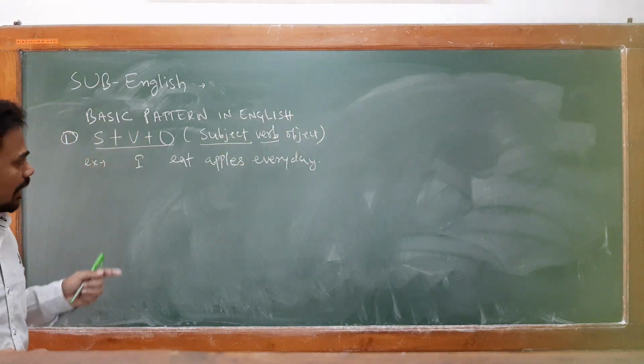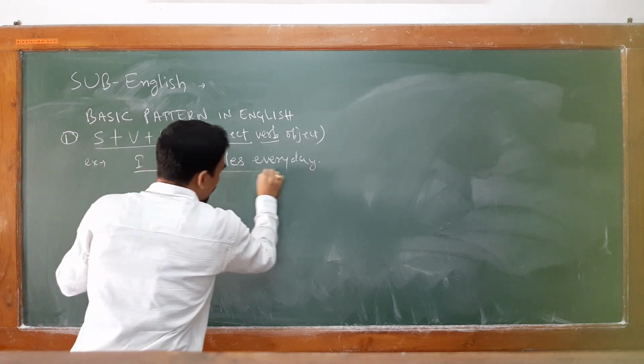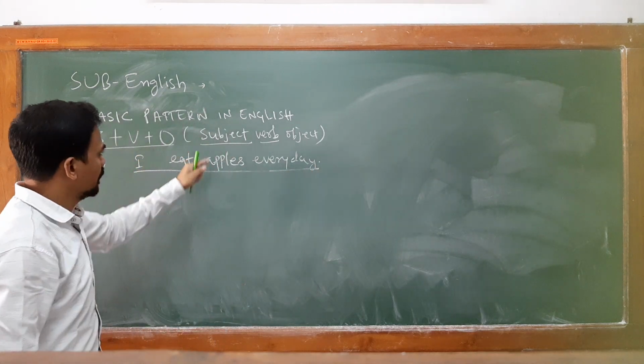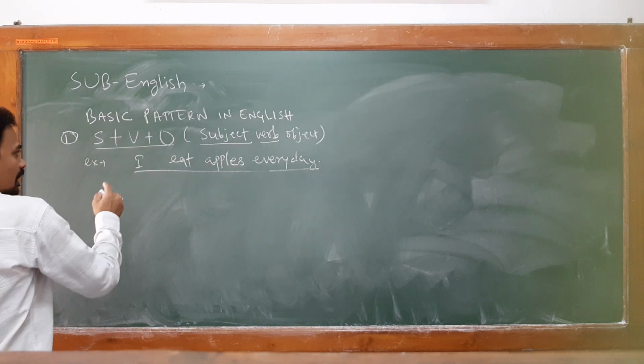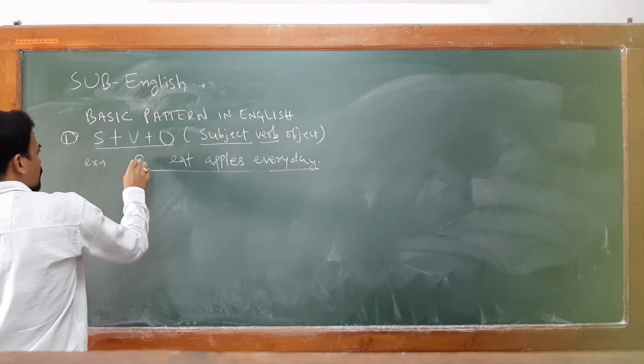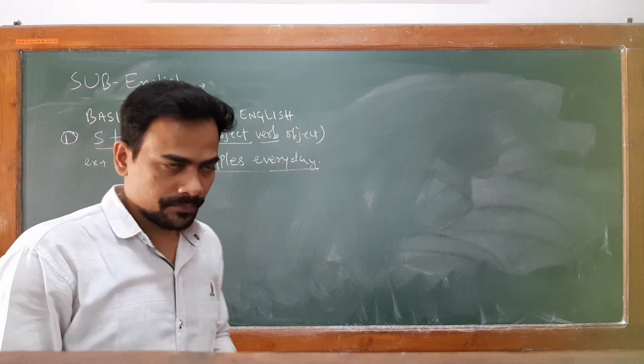I eat apples every day. Okay, this is a very beautiful example from which we can identify subject, verb, and object. Now, what is the subject here? I eat apples every day.